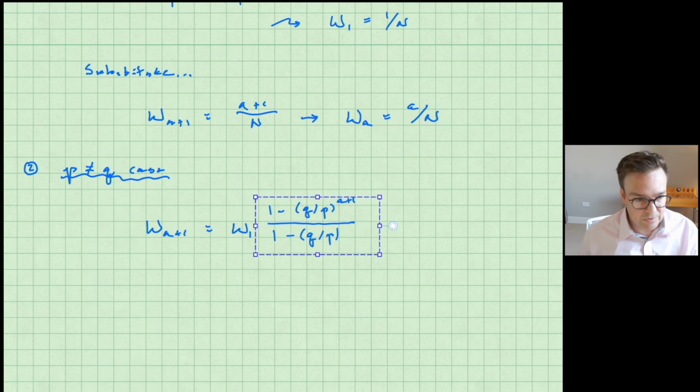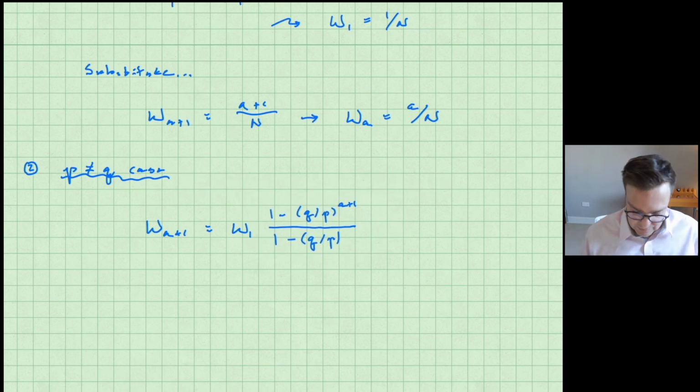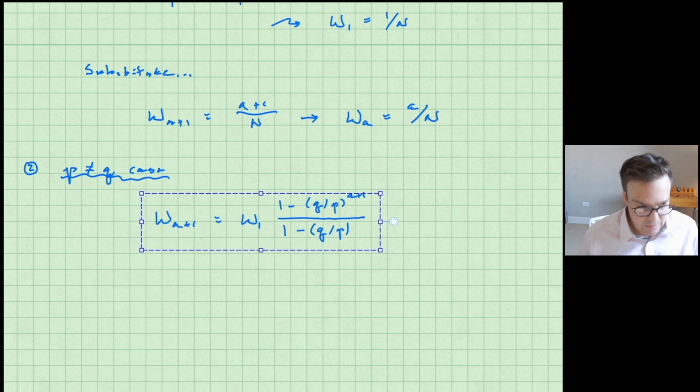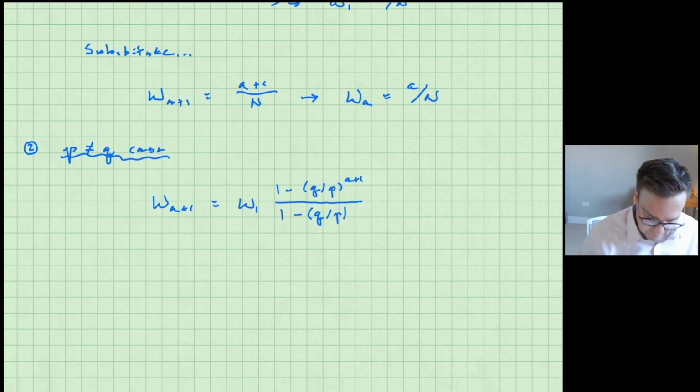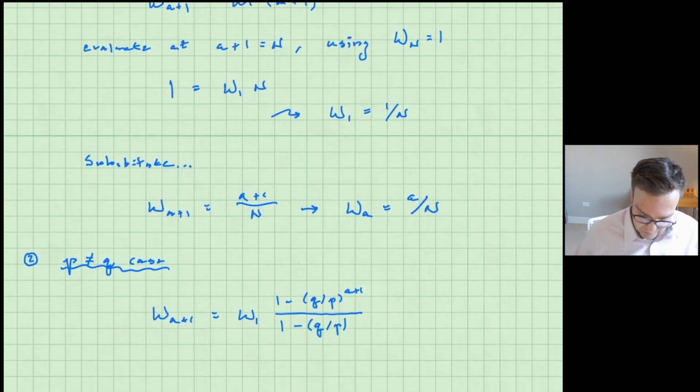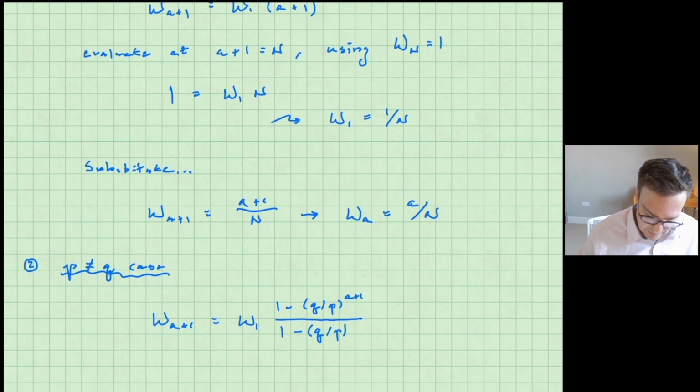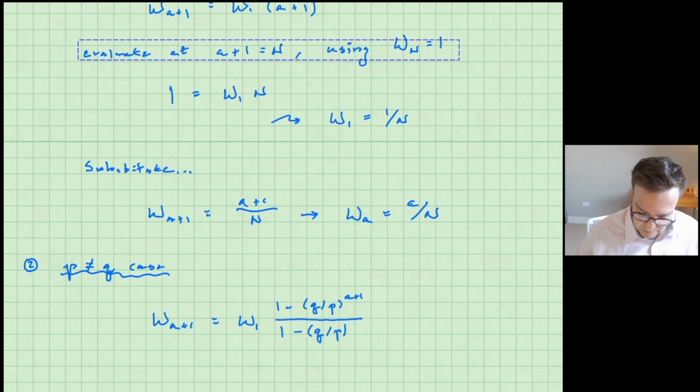That's what the equation looks like for the general case, taking the result from the geometric series. We'll do exactly the same treatment. How did I phrase it up here? Evaluate at A plus 1 equals n and use this boundary condition.